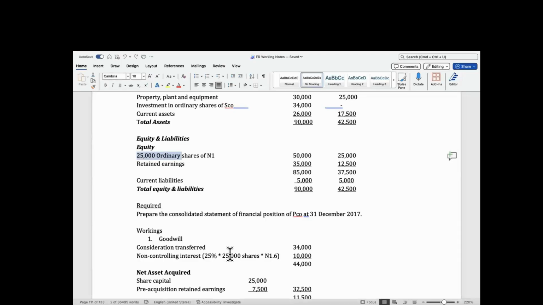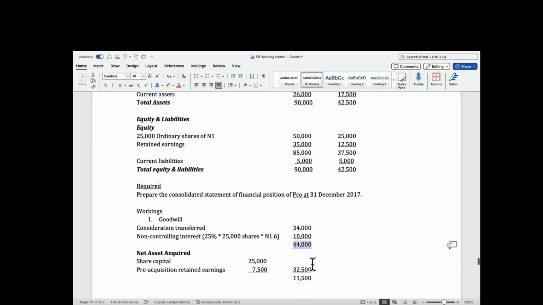That will give you the number of shares acquired by NCI. Then you multiply it by the share price of the subsidiary, which was given as 1.60 kobo. When you do the math, it gives you 10,000. Then I add the two together, I come to 44,000.